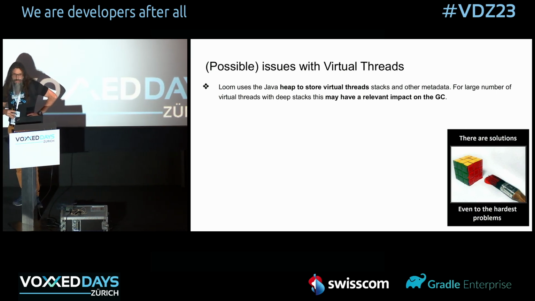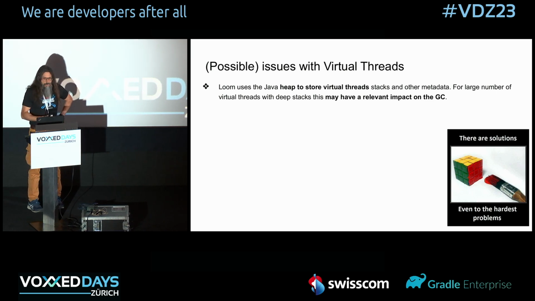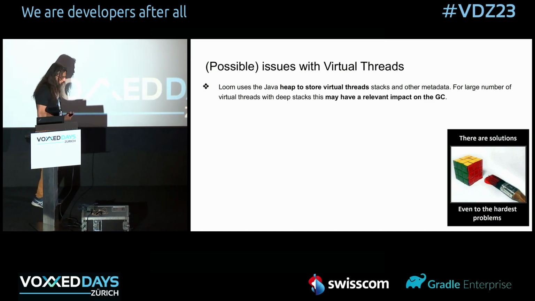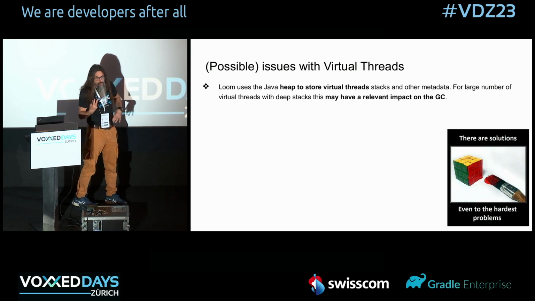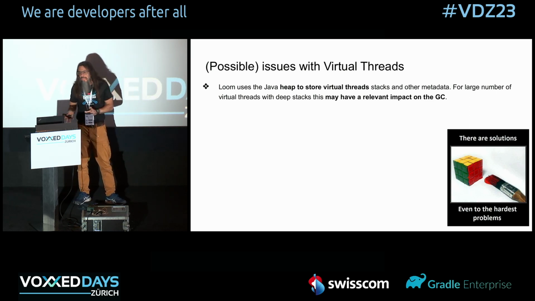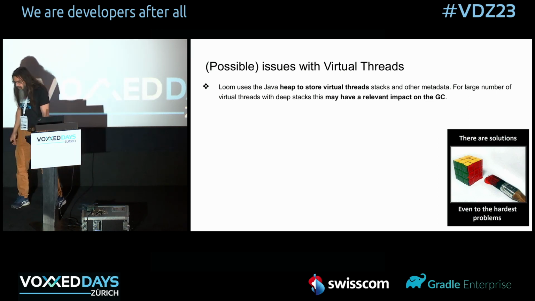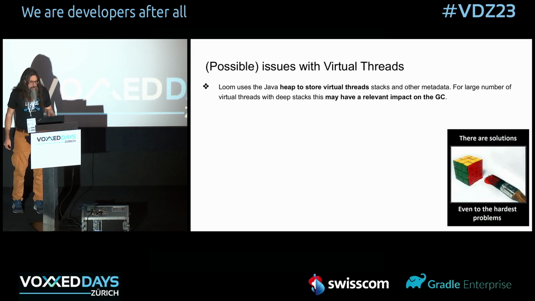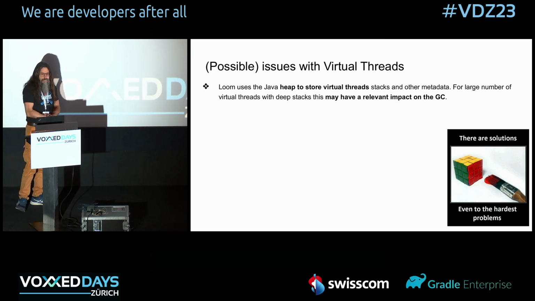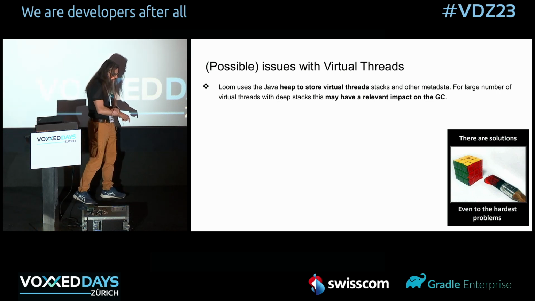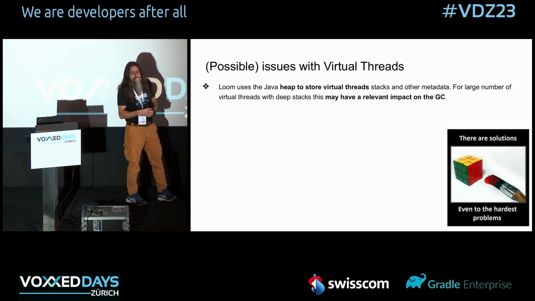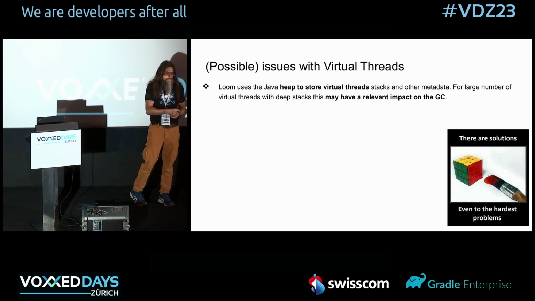Okay, so I explained to you the main feature of virtual thread, but they also come with some issues, some theoretical, some really a lot more practical. One of these issues is that, as I said, with virtual thread, the stack of virtual threads is actually another object on the heap, okay?